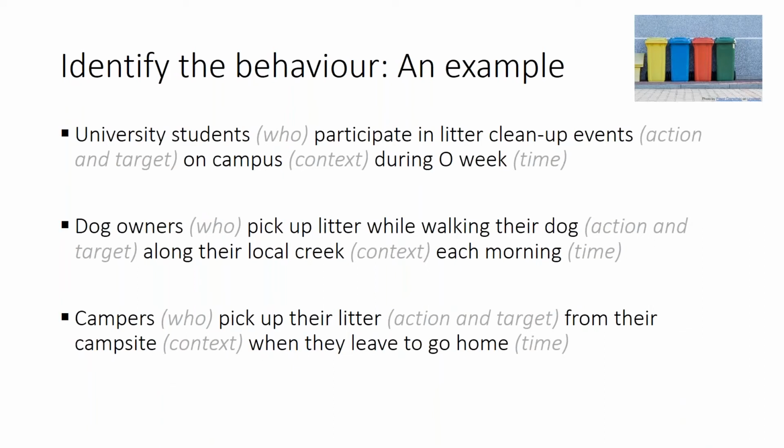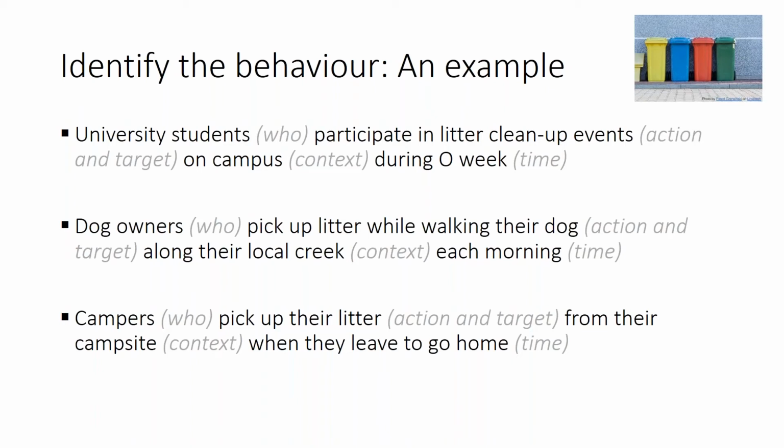Next, after we've identified the audience, is to identify the actual behaviour. To give you an example of how this might differ, let's look at picking up rubbish. If we wanted to get university students to participate in a cleanup event on campus during O Week, the behaviour change intervention might look quite different to if we wanted to get dog owners to take a bag with them when they walk their dog in the morning to pick up rubbish from their local creek.